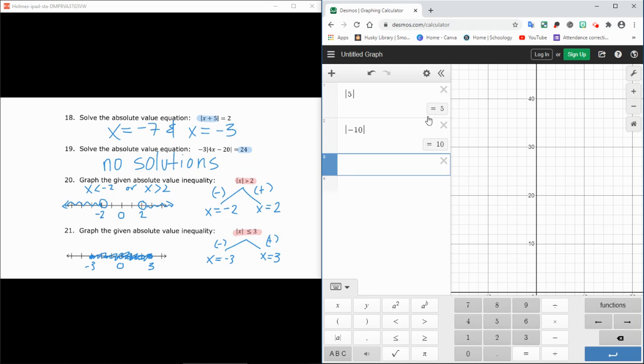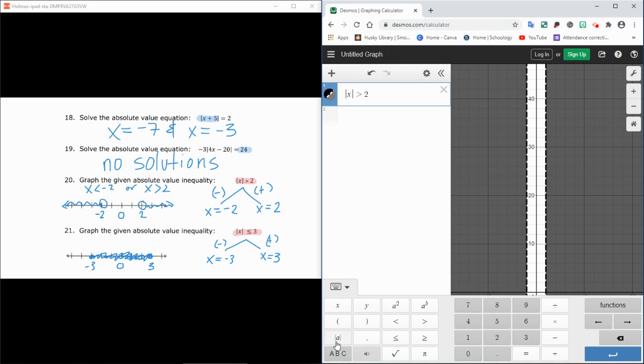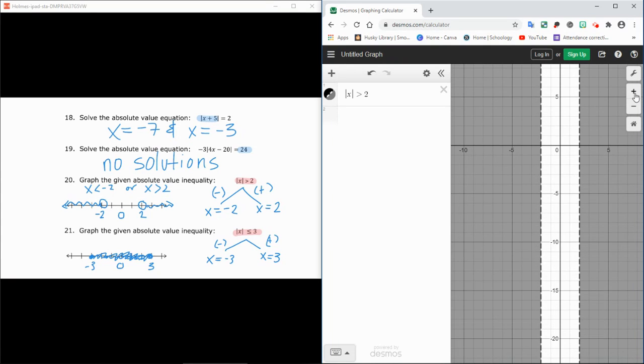Let's say that I want to graph this. Let's just see what they would look like over here on the graph, right? I have the absolute value of x for number 20 is greater than 2. Did we shade correctly? I need to zoom in a little bit so you can see the numbers.